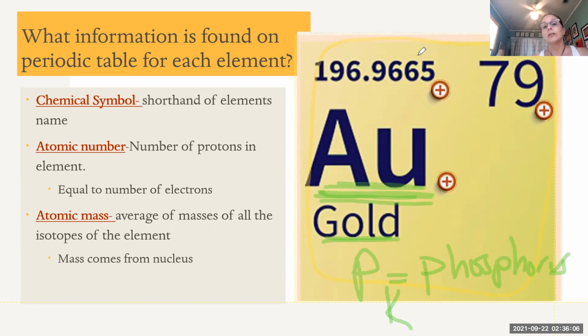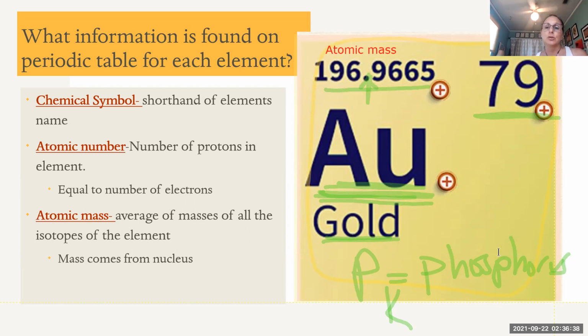And then you see that there are two numbers up here. There's one with a decimal place, and there's one that's a whole number. The one with the decimal place, this number right here, is the atomic mass, okay? And this number that does not have the decimal is the atomic number. It's really easy to get these two confused.